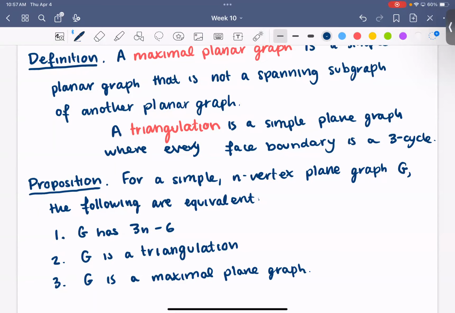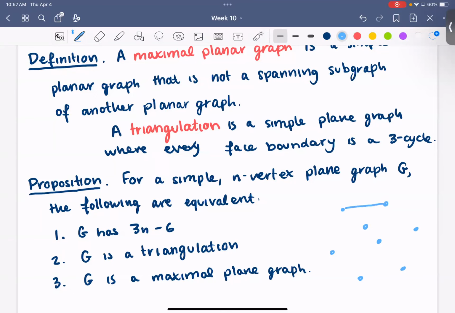By the way, I didn't draw any examples of these things. Would that help? Maybe now I'll just draw an example over here. Let's throw down some vertices. Okay, so to make this a triangulation, I want the boundary of every face to be a 3 cycle.